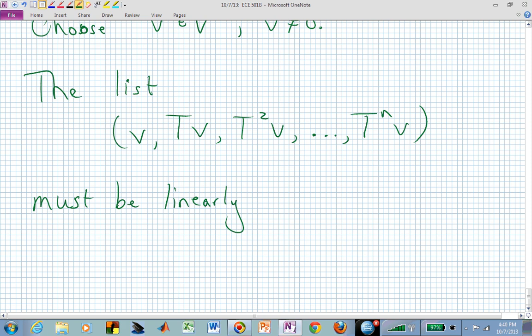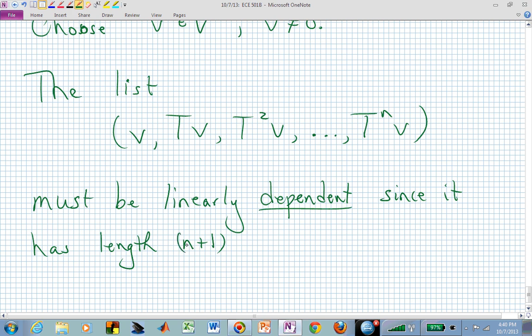So this list, the list v up to T to the n v, must be linearly dependent since we built it to be of length n plus 1, and our underlying complex vector space, capital V, we said was of dimension n.